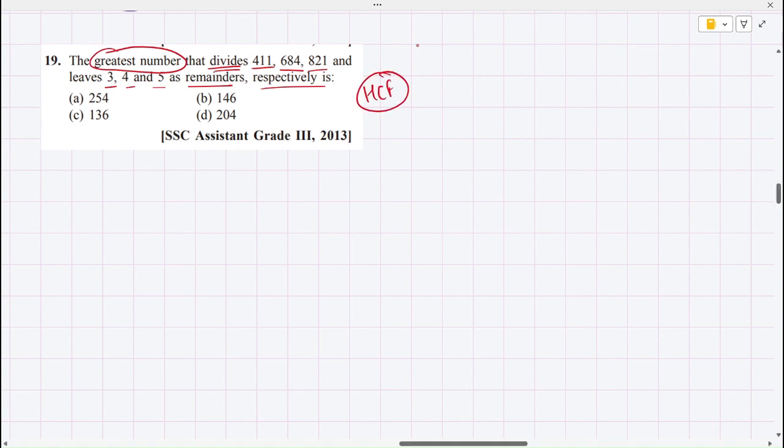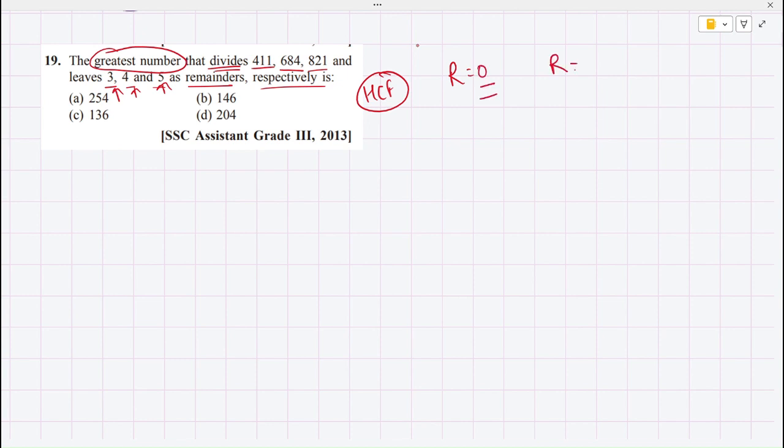The prior question that we did was an LCM question, and this question here is an HCF question. So this question says the greatest number that will divide these particular numbers and leave these particular remainders, which means that we do not need to find the HCF of these numbers directly, because if we find the highest common factor of these numbers, then these numbers will be completely divisible and the remainder that we'll receive is 0.